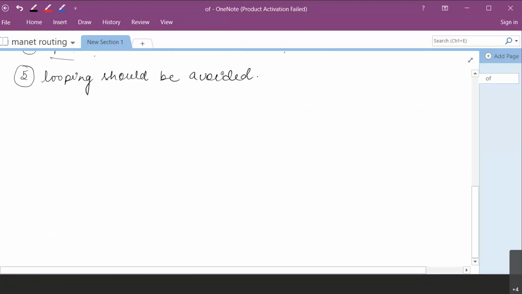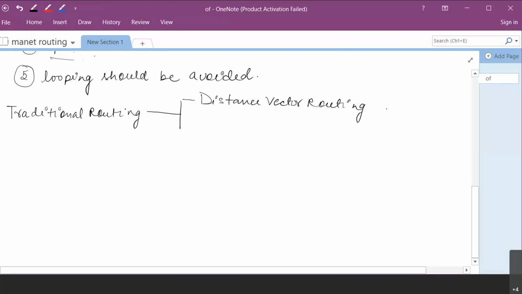As I told you, the MANET routing protocol is different from the traditional routing protocol. So what are the differences? As you remember in computer networks, in the traditional routing protocols, you have learned two routing protocols. The first one is the distance vector routing protocol, DVR, and the second one is the link state routing protocol, that is LSR.